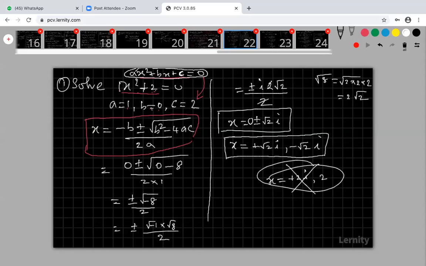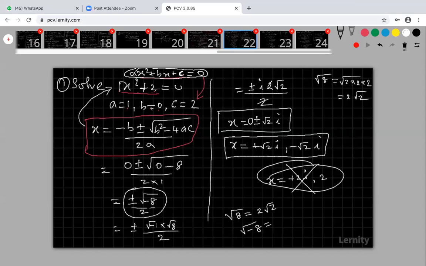This is the general solution formula for finding the solution of the given quadratic equation: minus b plus or minus root of b square minus 4ac divided by 2a. Wherever b is there, apply b, apply a, apply c, and simplify. I am getting this answer. We have a value for root 8, some 2 root 2 or some real number, but we don't have a value for root of minus 8.